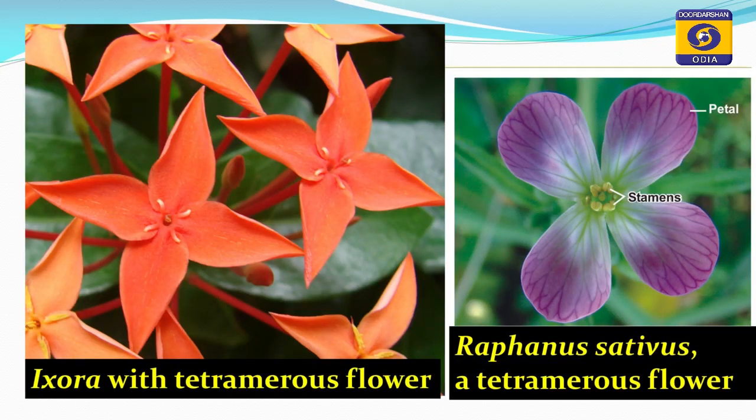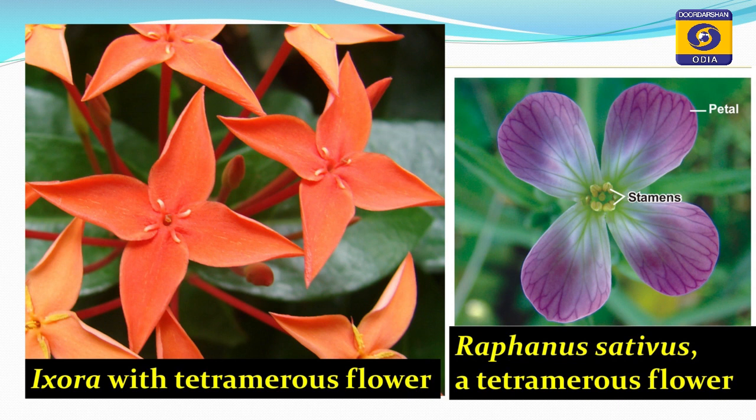Next, this one, the red flower, is clearly a tetramerous flower. This belongs to Ixora, Katharangani. This is a perfect tetramerous, symmetrical flower. In this you can see all 4 petals and anthers attached to the petals, so the epipetalous condition you can find.